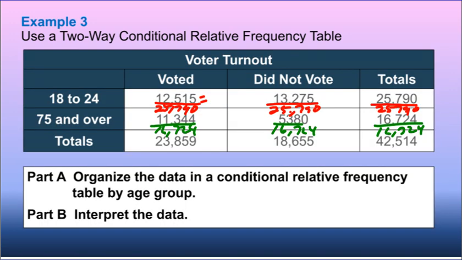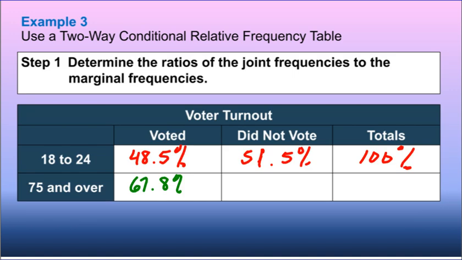Next, 5,380 divided by 16,724 gives us 32.2%. And if you add those straight across, that should equal 100%. So 67.8 plus 32.2 also gives us 100%.